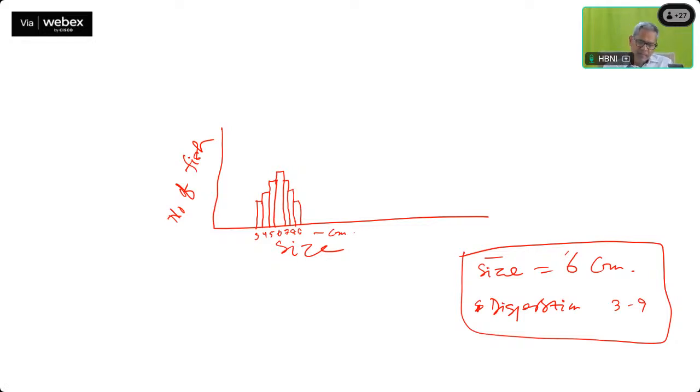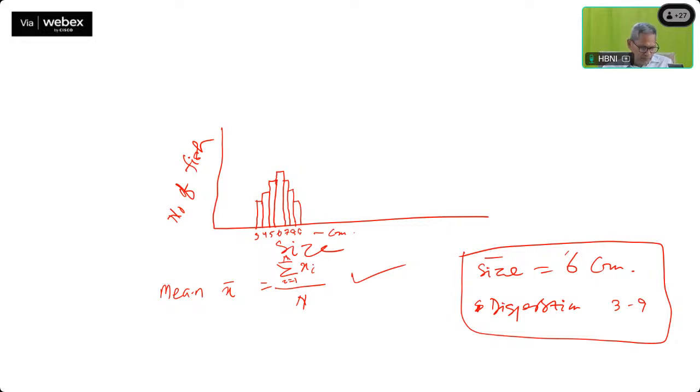So how do we define the mean or average? In general, we define the mean, x bar, as the sum of x divided by n. Okay, this is what you define as the mean.